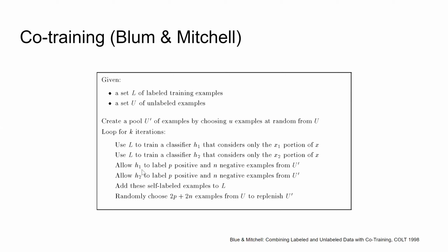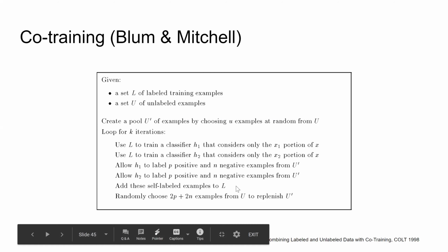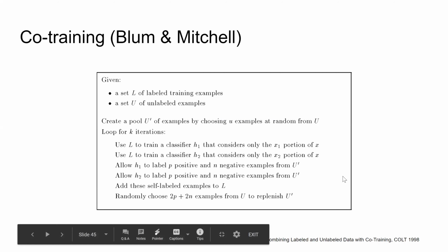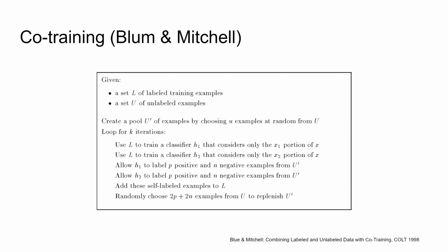Then they use the first classifier to label some of the unlabeled examples, only labeling the most confident ones, and do the same for classifier number 2. After doing this, I get more labeled instances where the new labels are generated from the existing classifiers. Then we add those to the existing labeled examples, retrain the classifiers, and repeat the process. This is a very simple algorithm that turns out to be extremely useful for classification.